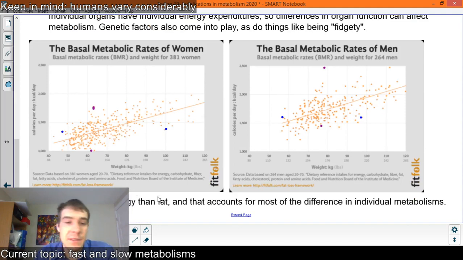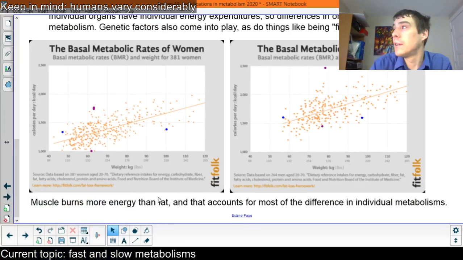But most of the difference is on muscle. So as it says here, muscle burns more energy than fat, and it accounts for most of the difference. So most of the difference is really on how much muscle versus fat someone has, but it doesn't explain all of it.